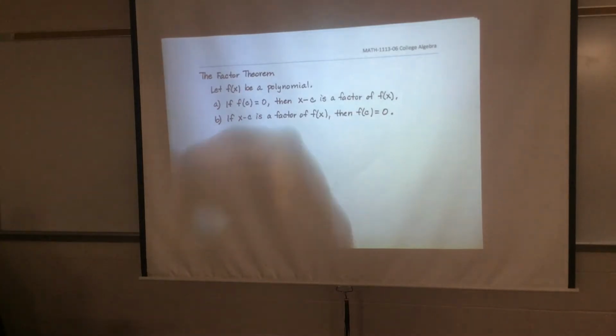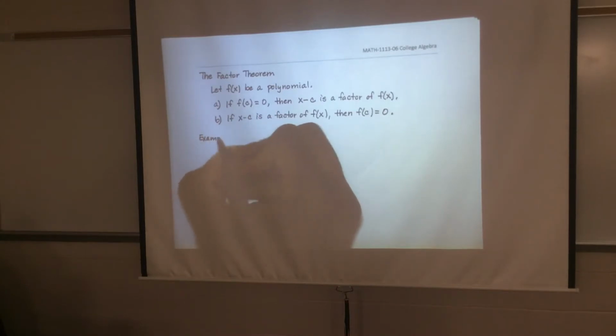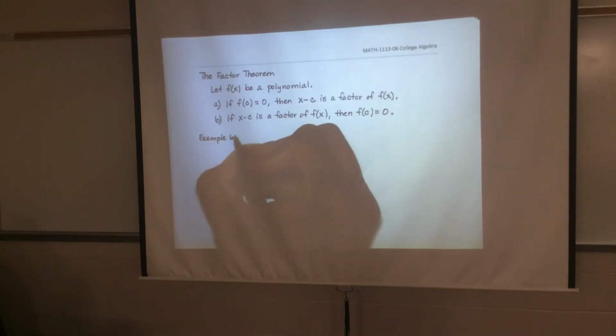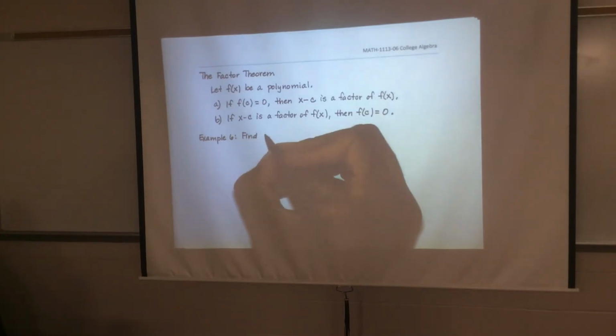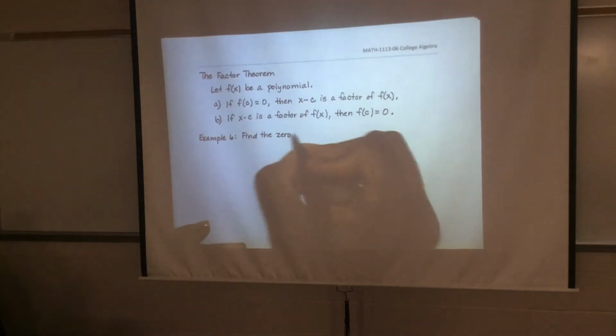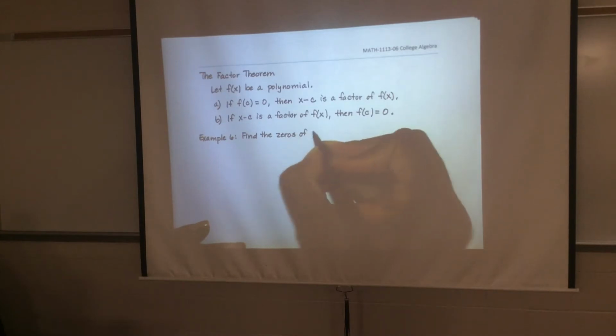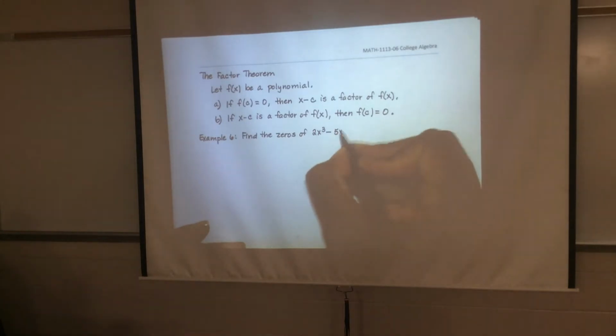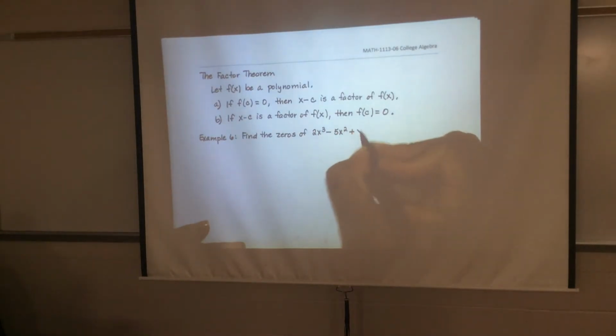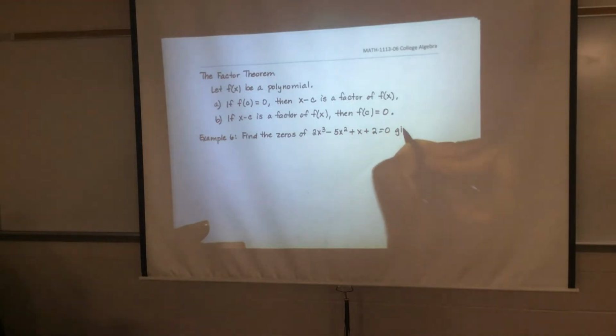So in this example, number 6, I'm going to write all this out. Here we're going to find the zeros of 2x cubed minus 5x squared plus x plus 2 equal to 0.